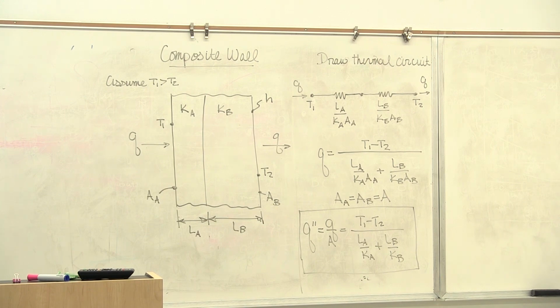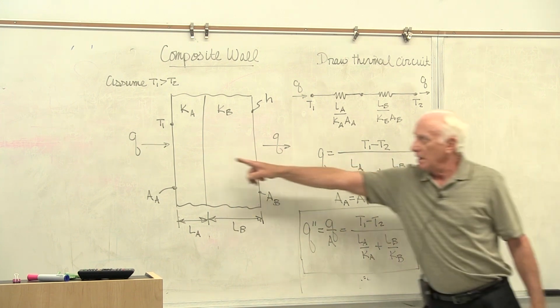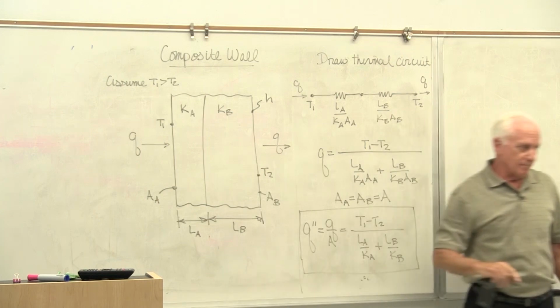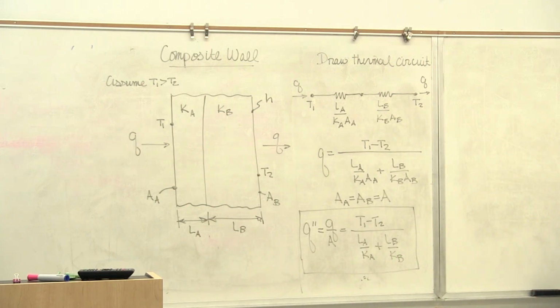Maybe A is a sheet of aluminum, 1 inch thick, and maybe B is some kind of insulation, 6 inches thick. How much heat goes through the aluminum insulation composite? So that's how we'd use that equation.